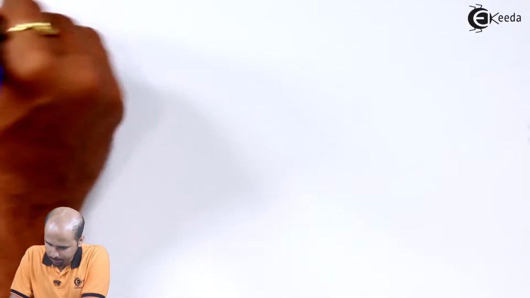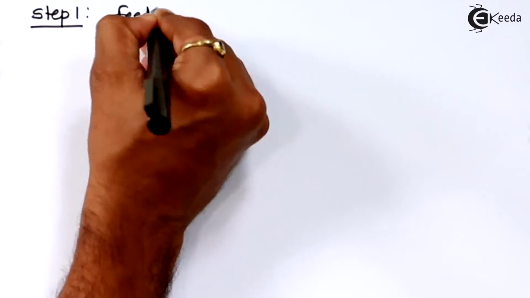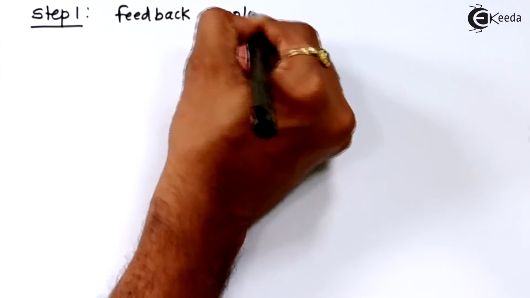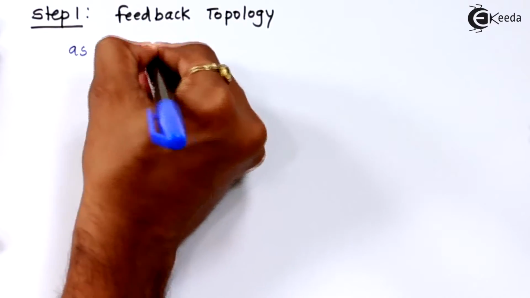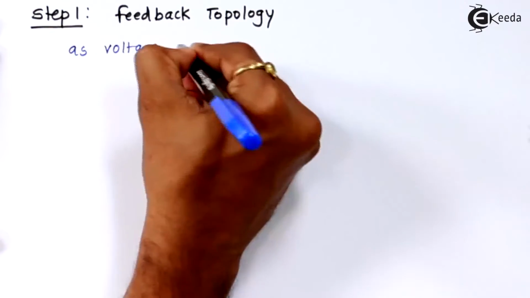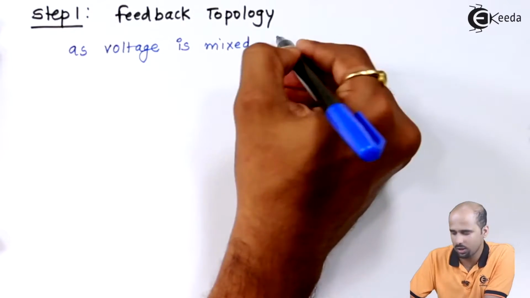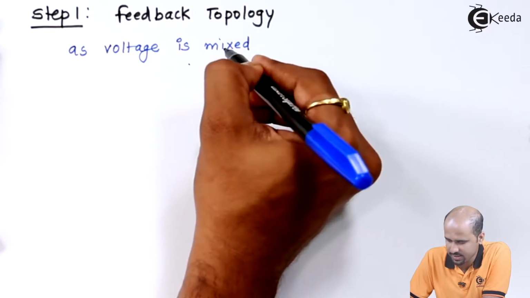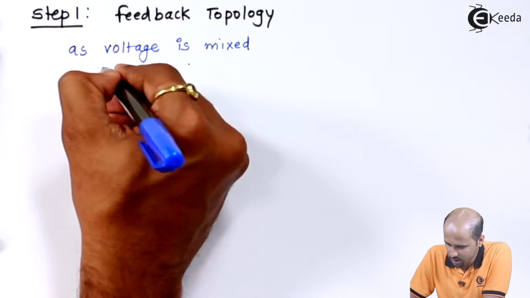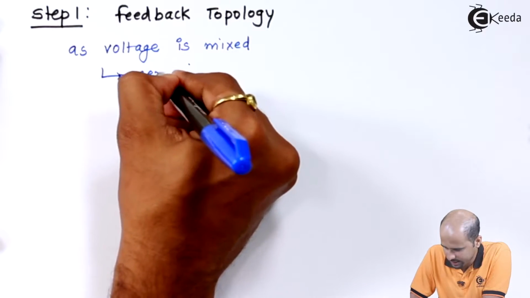So here we will say step number 1. Voltage is mixed, so I can say it's nothing but the series mixing, right? So the conclusion is series mixing.